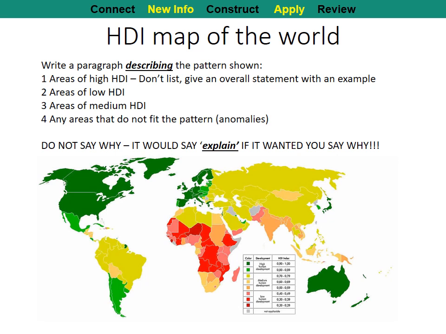I might also want to mention Japan, Australia and New Zealand as also having a high HDI. I haven't listed all the countries there. I've mentioned a couple of countries, but I've talked about areas of the world. So I'm trying to talk about as much of the map as possible without listing every single country. That would be a crazy answer, wouldn't it?